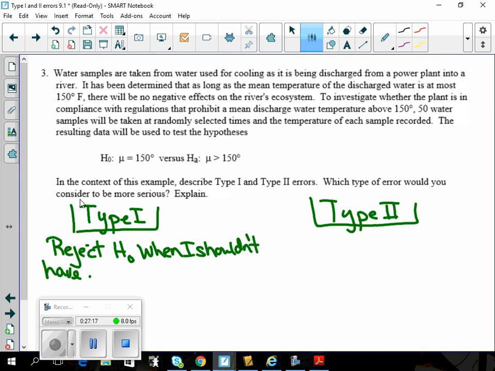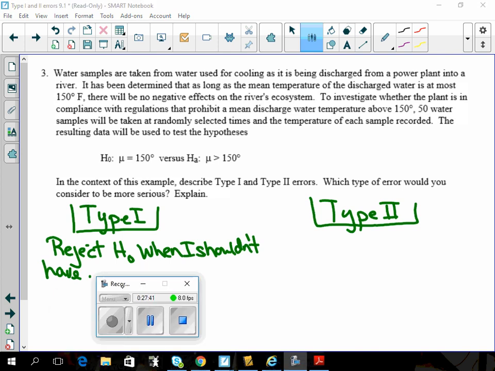So it was okay. The river's ecosystem was fine. Would you agree? There was nothing wrong with it. But I said there was. So what impact is that going to have? People are going to have to change practices. Money's going to have to be spent for no reason. Does that make sense? Like extra work is going to have to be done, and it really wasn't necessary. Is that okay to say it that way? So we can put that in context.